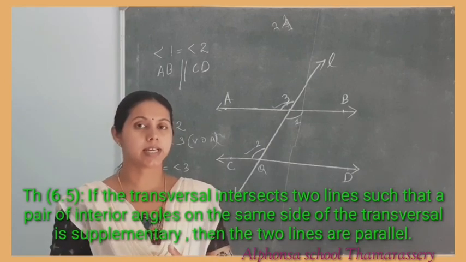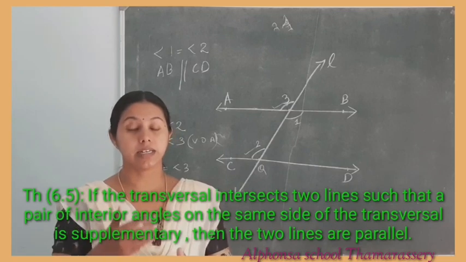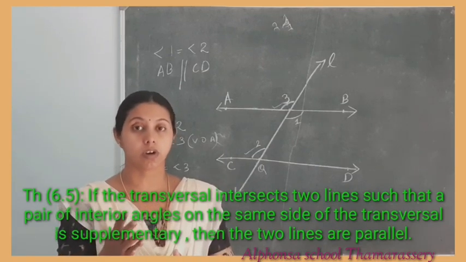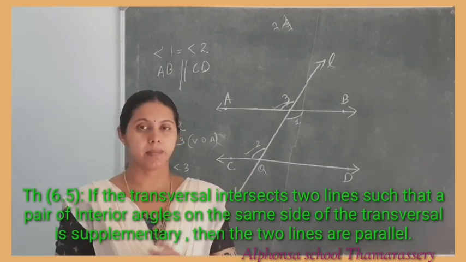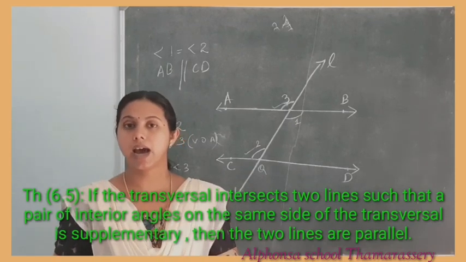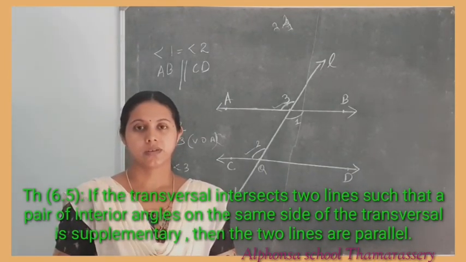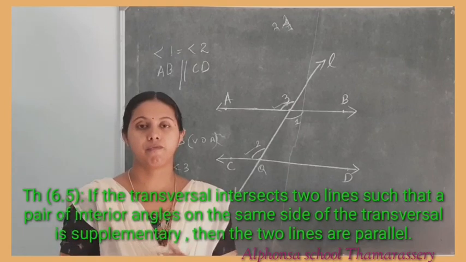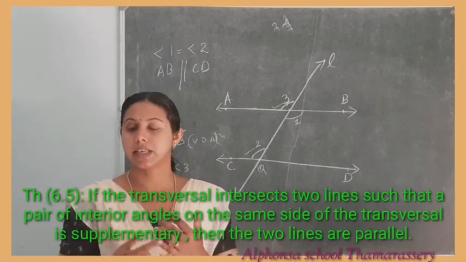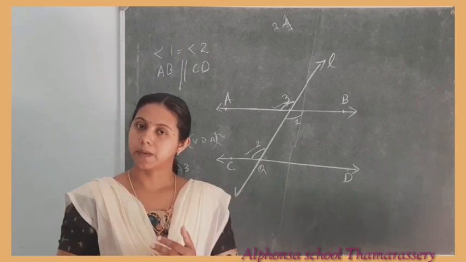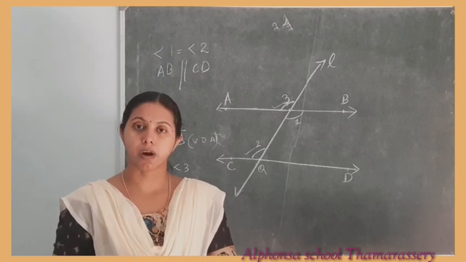If a transversal cuts two lines such that the interior angles on the same side of the transversal are supplementary, then the two lines are parallel to each other. So these statements we've proved, so we can say these are all theorems. We discussed theorem 6.2, theorem 6.3, theorem 6.4 and theorem 6.5.